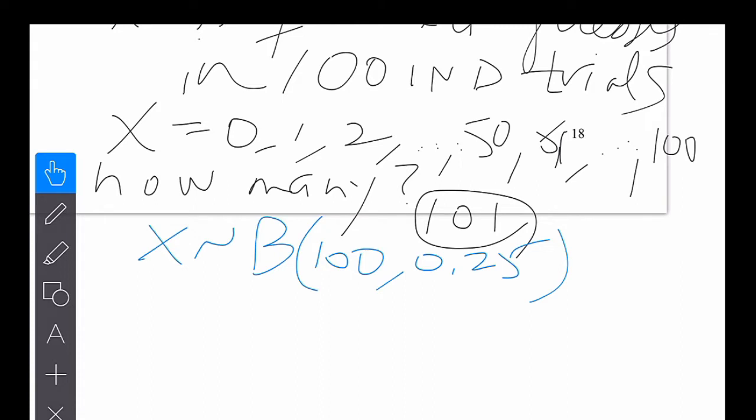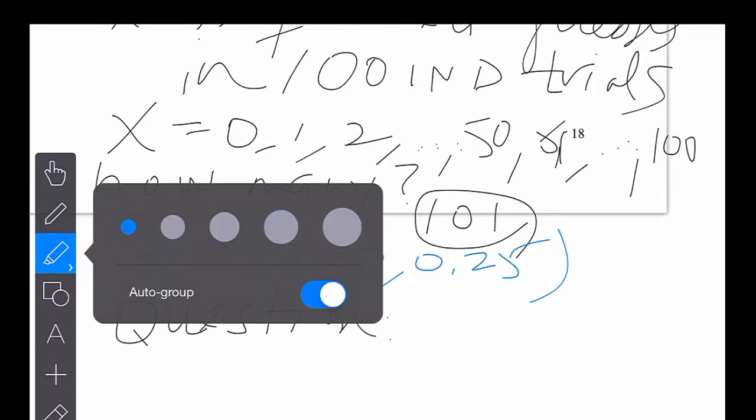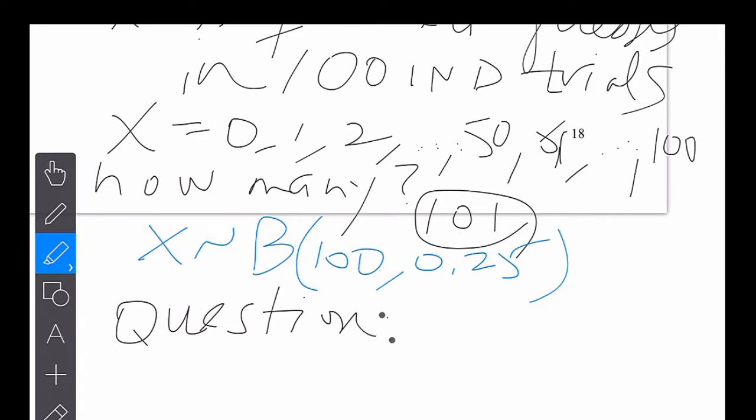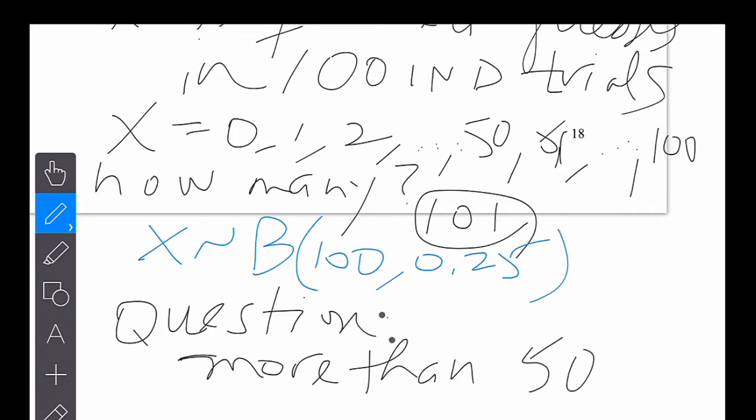What's the chance, and this is a question that we're going to answer, what's the chance that a person has ESP? Well, if you go back and read it, a person is known to have ESP if they have more than 50 correct guesses.